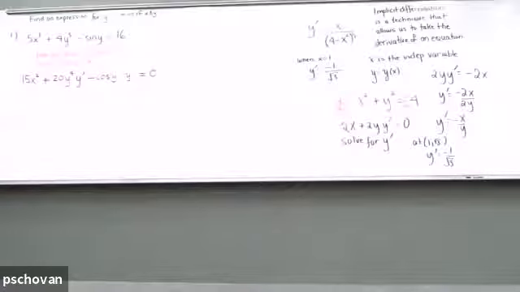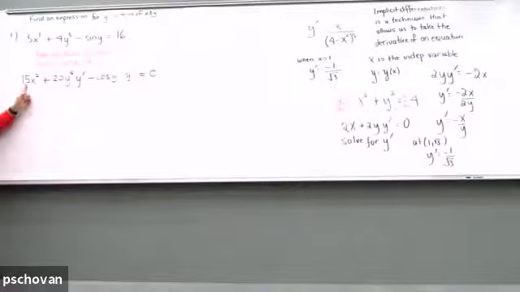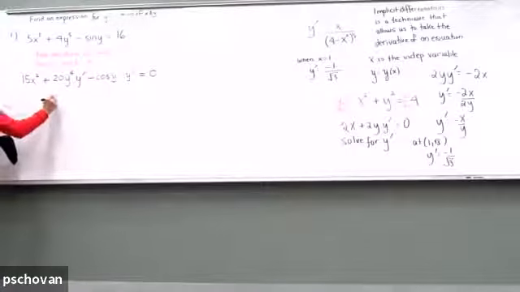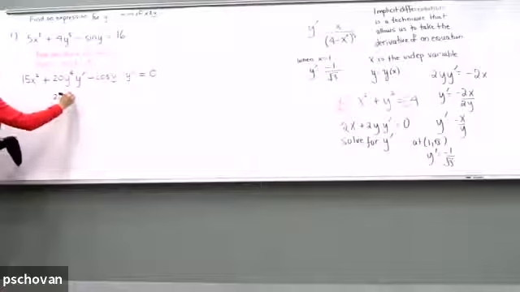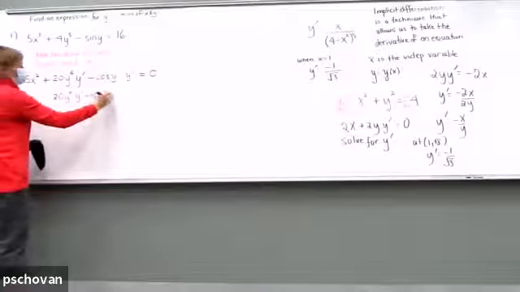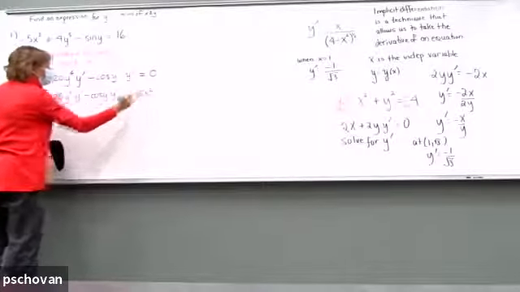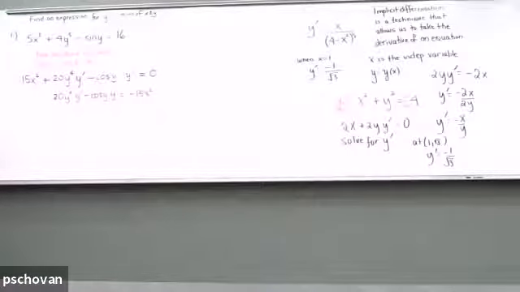Now we have to take this equation and solve it for y prime. So I'm going to keep the two terms that have the y prime on the left-hand side, and I'm going to subtract 15x squared to get it over there. Now there's a common factor of y prime. I'm going to pull that out. That's my goal, to solve for y prime.